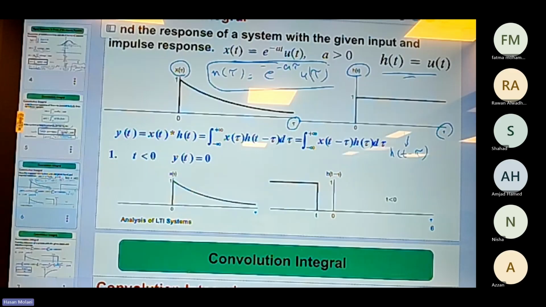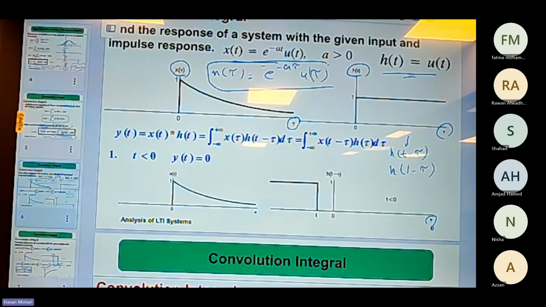The independent variable is tau, not t. We have two steps actually.